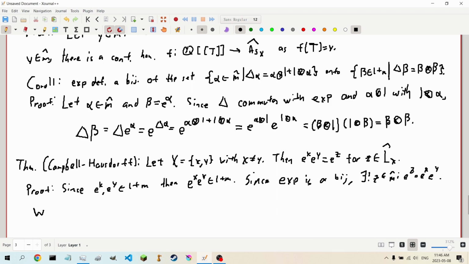We have, now we don't know this is in Lx hat though yet.